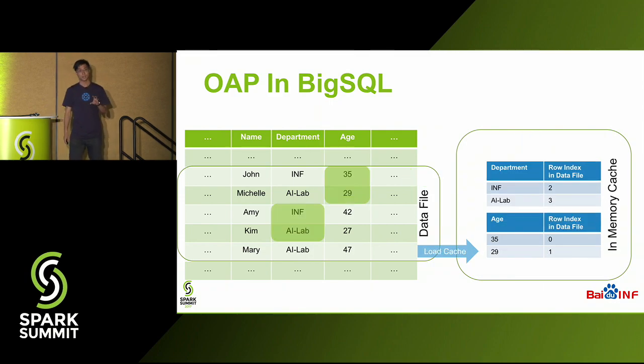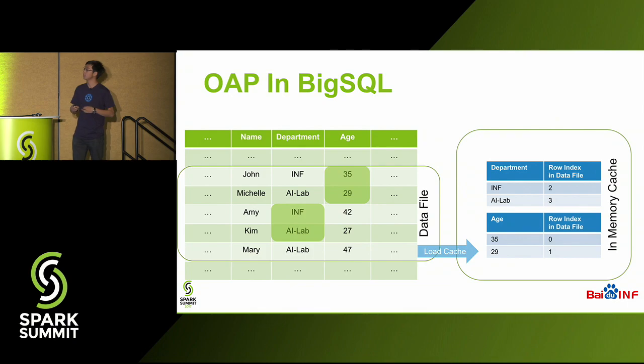Also, when hitting the index, we read small pages in our Parquet file. Page is the smallest unit of Spark reading. And during this time, we can also cache them in the heap and off-heap memory in our executor. Maybe the next query can hit the same blocks or pages.